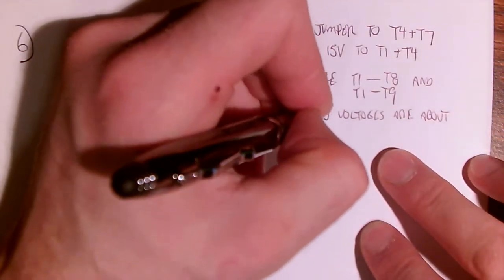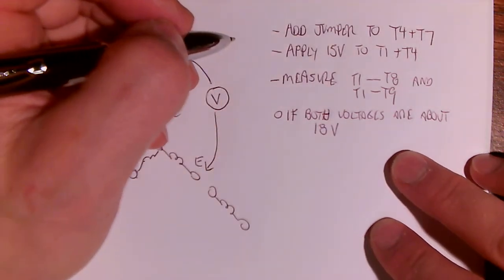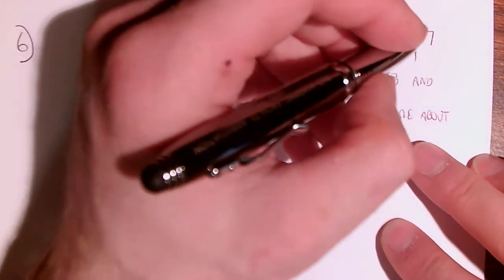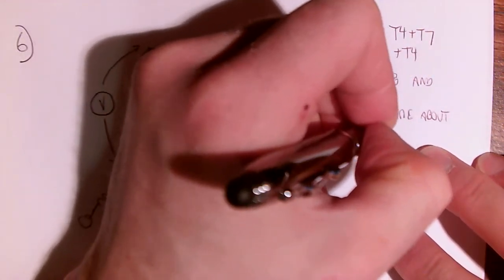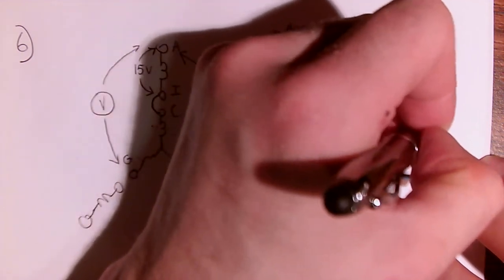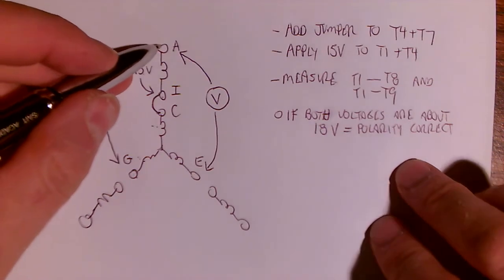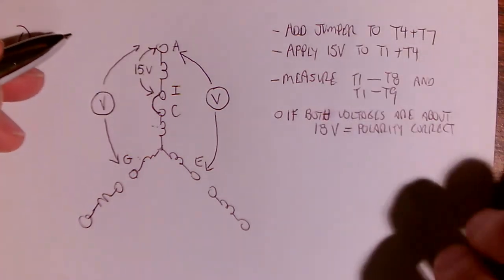That's both there, about 18 volts, then the polarity is correct. So if both voltages are about 18 volts, polarity correct, don't change the letters. So then this is A and this is I, and you're done.